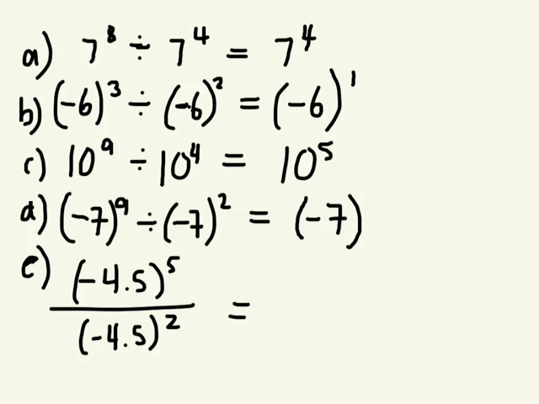Negative 7 to the power of 7. Good. And the last one, who figured this one out? Jamie. Negative 4.5 to the power of 3. Good. This still represents division.